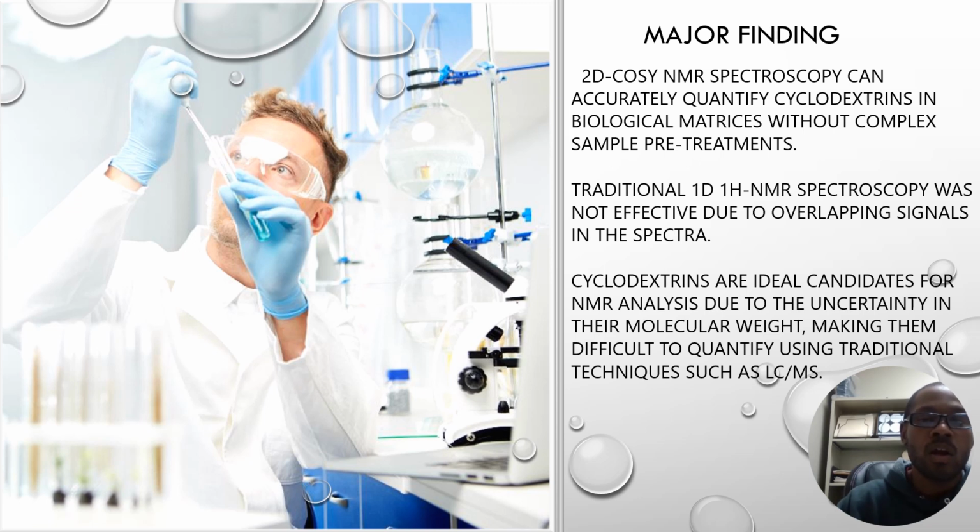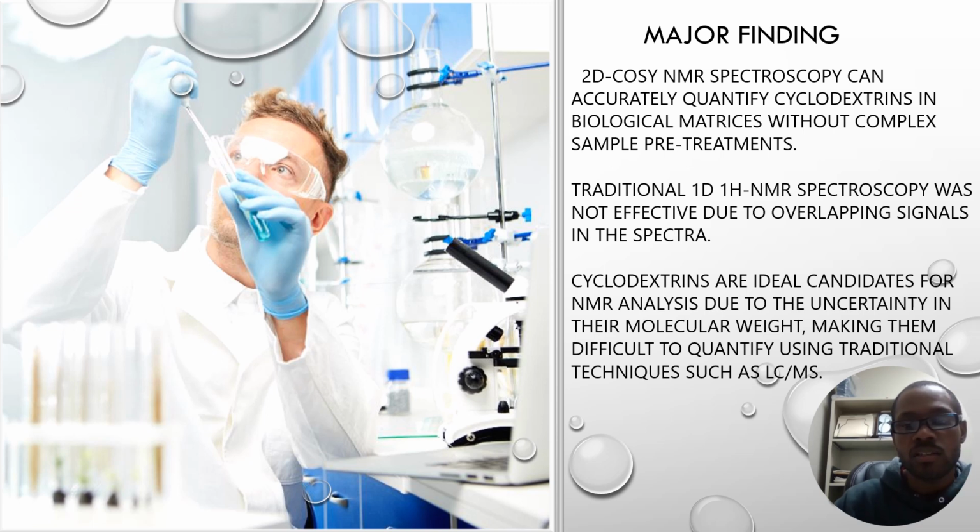Well, we know from this study that 2D NMR spectroscopy can accurately quantify cyclodextrin in biological matrices without complex sample pretreatment. We also know from this study that traditional 1D proton NMR spectroscopy was not effective due to overlapping signals in the spectra.